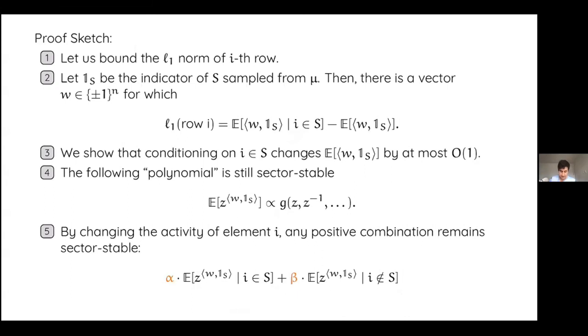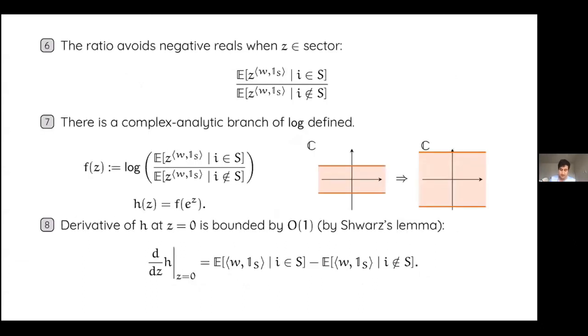Because all positive mixtures of these two quantities are sector stable, whenever Z is chosen from that sector, the ratio of this and this cannot be a negative real number. Otherwise, some positive combination of the two would be 0. So the ratio of these two quantities for Z in the sector always avoids the negative reals.